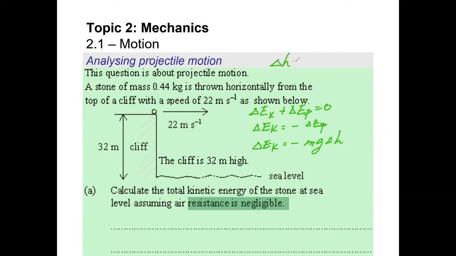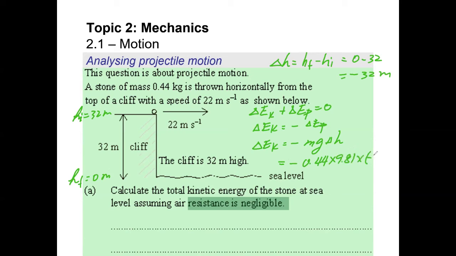Change in height equals final height minus initial height. Initial height equals 32 meters. Final height is 0 meters. So 0 minus 32 equals minus 32 meters. Let's plug in. Mass is 0.44, acceleration due to gravity is 9.81, and change in height is minus 32.